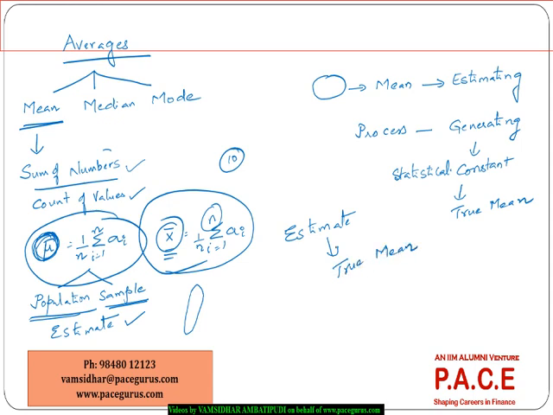Based on a sample of n data points, we compute the sample mean, and we say that it is a better estimate of the population mean. So that's how we get into the mean.